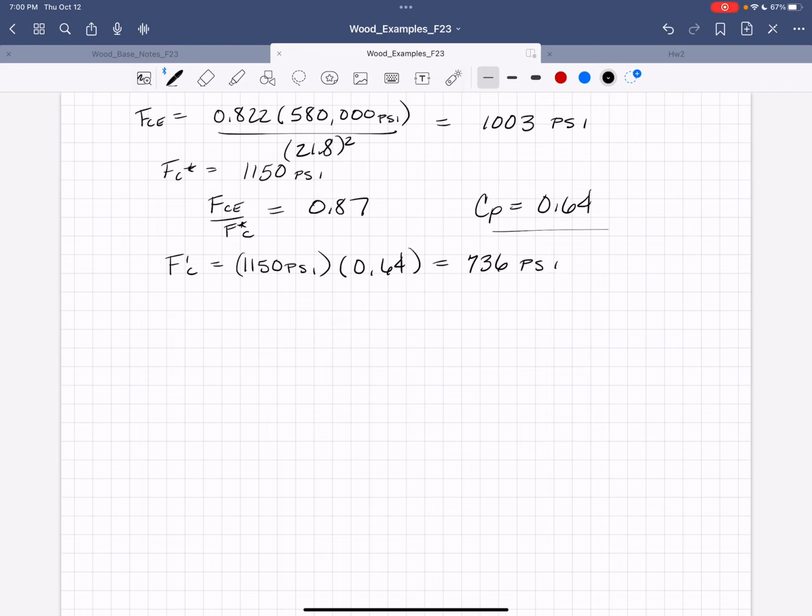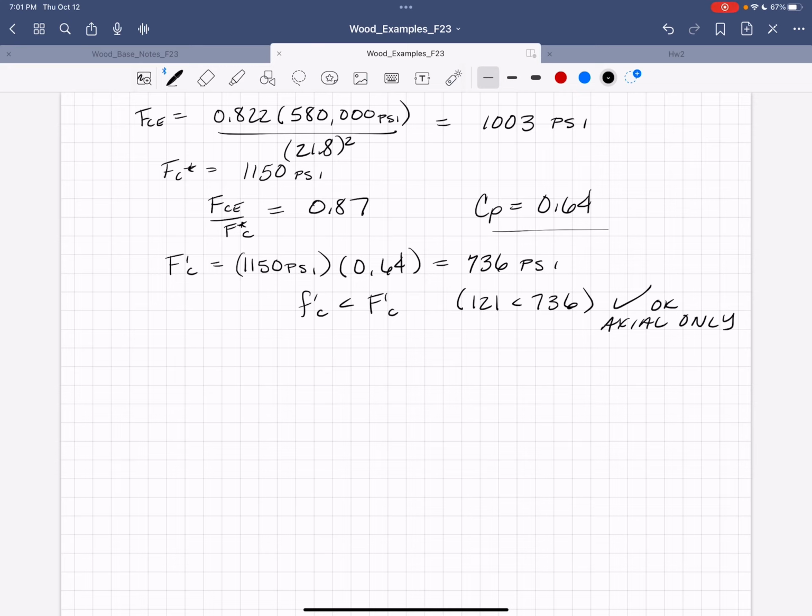So if I'm looking at just axial, so far so good. If I had zero bending and this was just an axial case, I'm way good, right? It's 121 to 736, so okay for axial only. If I'd gotten here and it's not even okay for just axial, then it doesn't meet.